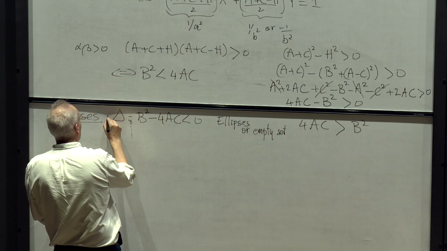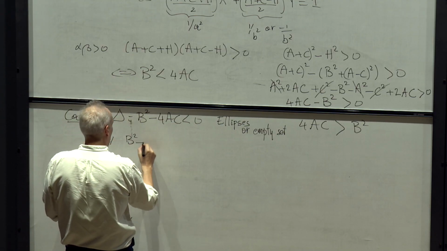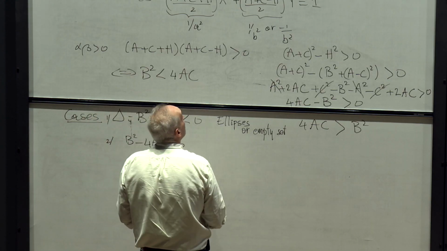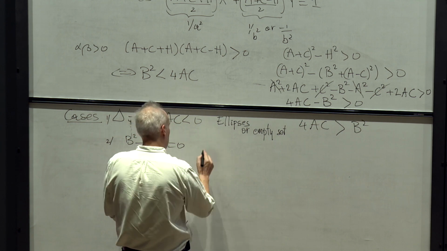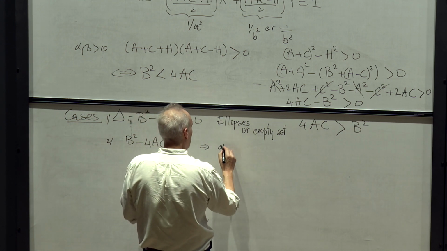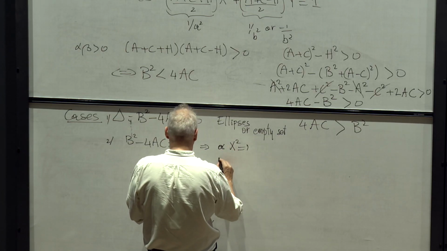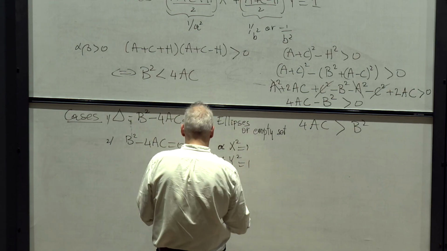So that's case 1. Case 2, I have b squared minus 4ac equals 0. So in this case, I have either something of the form alpha x squared equals 1 or beta y squared equals 1.